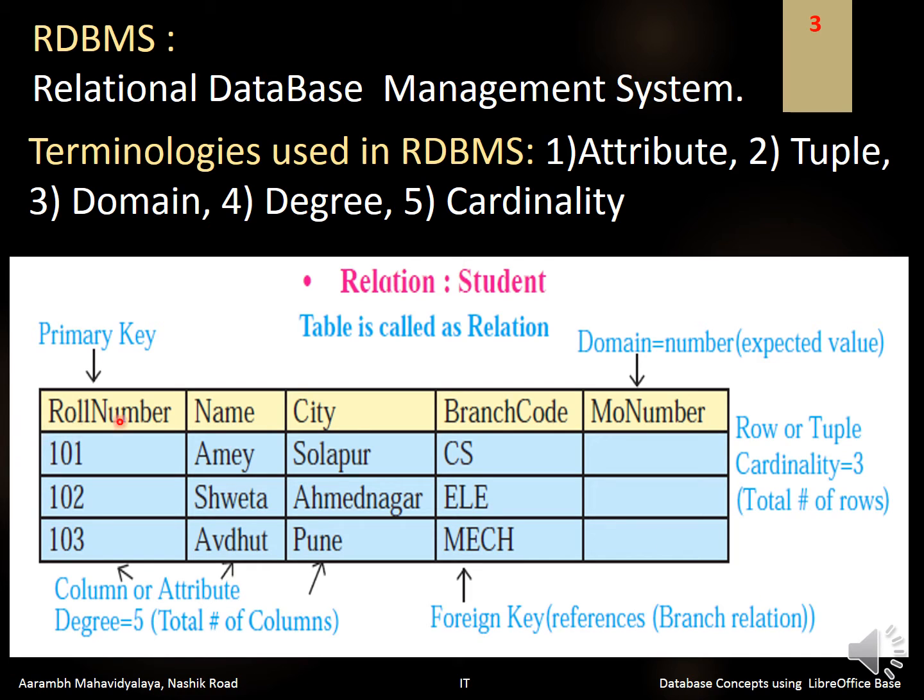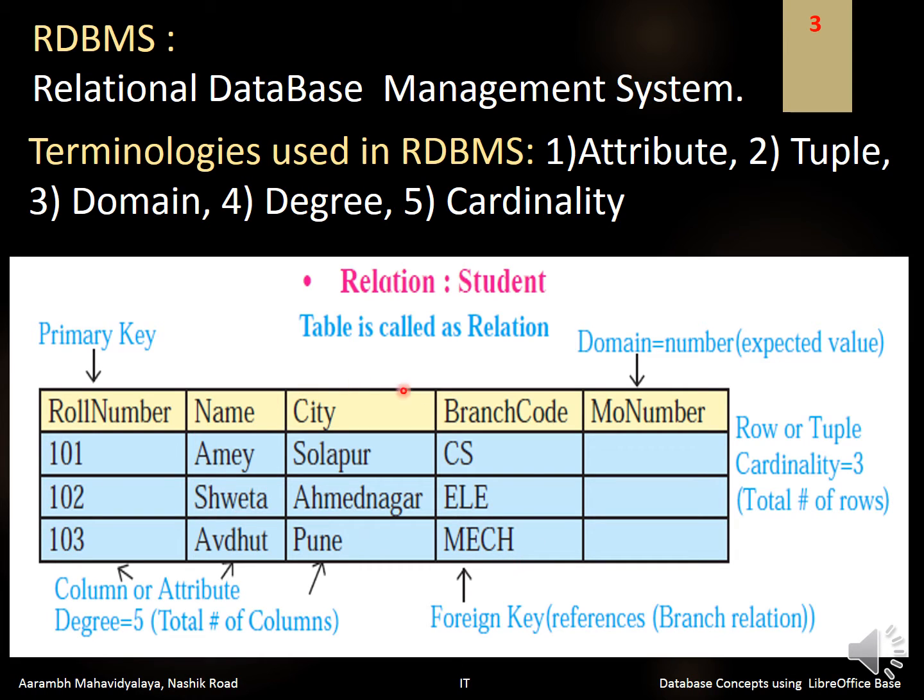That means whatever column names or field names you provide should be unique. They must not be duplicated, otherwise it will give you an error. Each row in the table represents a related set of values. Here the first row has specific values, the second row has specific values, and the third row also has specific values.